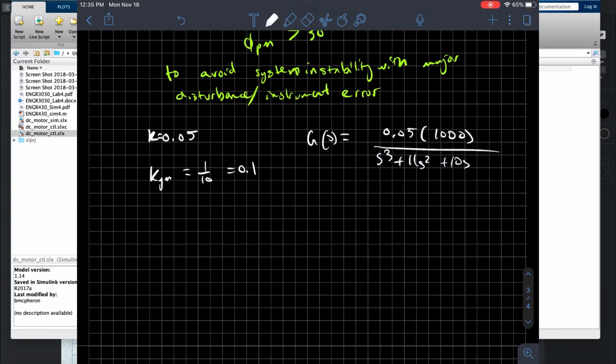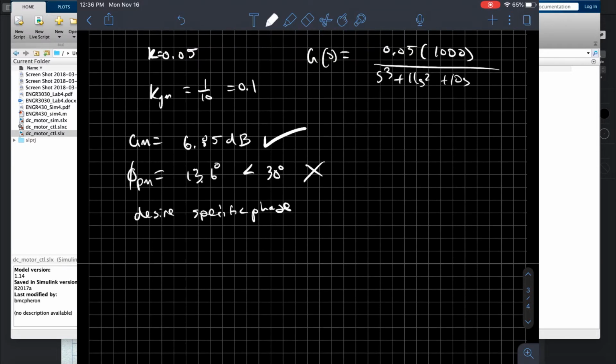This tells me that the gain margin is 6.85 dB. Great, it meets my rule of thumb, but the phase margin is 13.6 degrees, which is definitely less than 30 degrees, so that does not meet my rule of thumb.